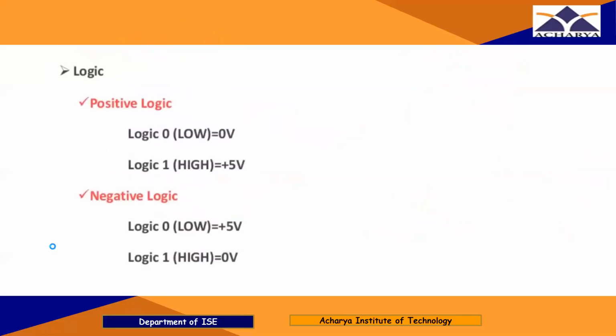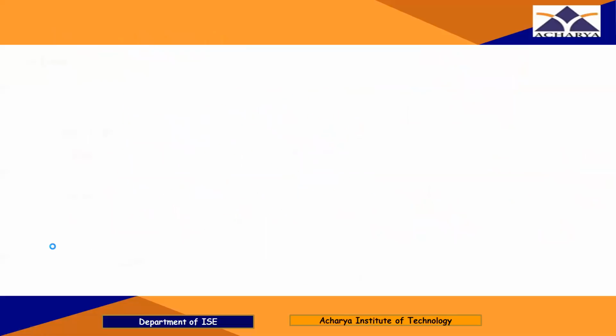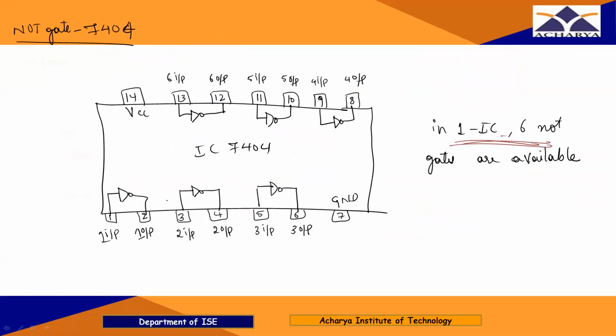So, you observe in the NOT gate IC. In the NOT gate IC, I am going to see for my circuit, I need only two NOT gates. You can use the first gate or second gate, or you can use the fifth gate and the third gate. Any two gates you can use, but the pin number should be correct, right? The pin number should be correct.